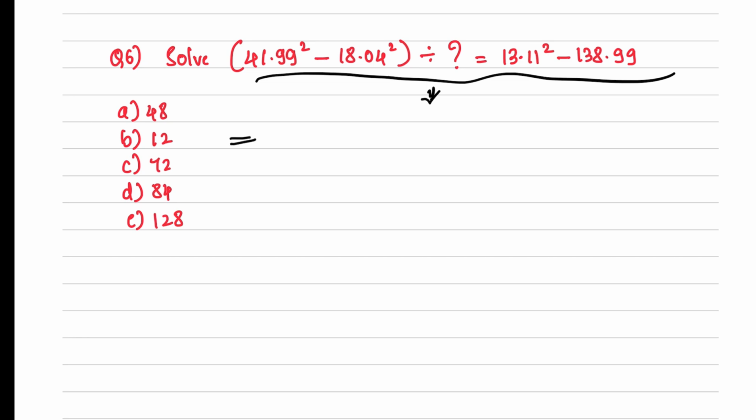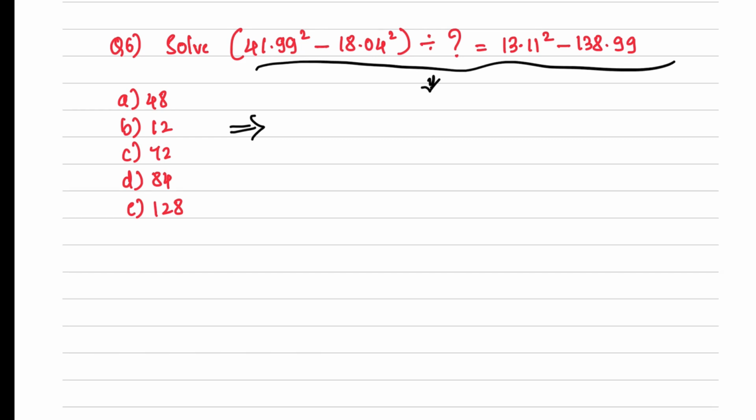So we can round off all the values and we will get the answer. See, 41.99 square, we can write it as 42 square minus 18.04 square, we can write it as 18 square only, because it will round off to 18 only.